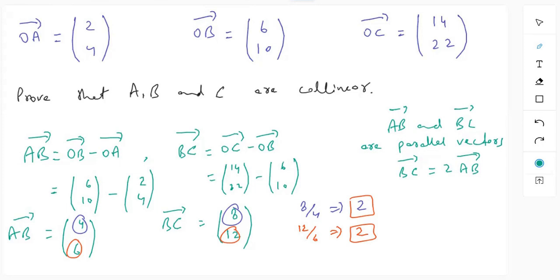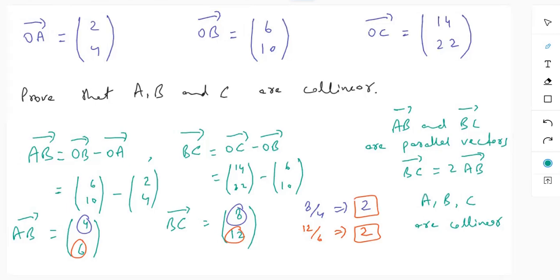Since they are parallel, A, B and C are collinear. Okay? उसकी reason क्या है? क्योंकि B दोनों में common है. B common है और AB और BC parallel है. That is enough to prove that these points are collinear. So if you had to prove that 3 points are collinear, this is what you do. Okay? Is this clear to everyone?